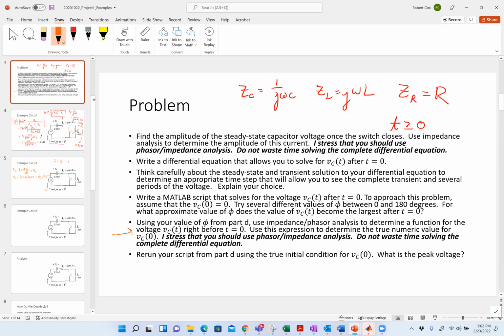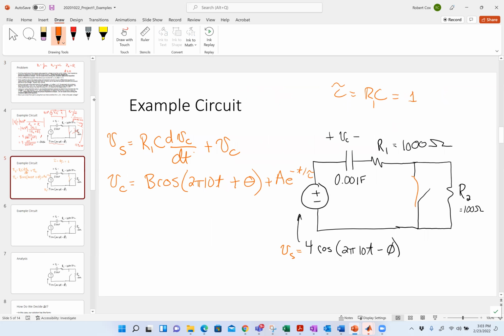I'm not doing that right here. In part C, I'm not concerned at all about the initial condition at this point; we will be later. I don't need to know anything about that to say I want to be able to see the transient and the steady state.